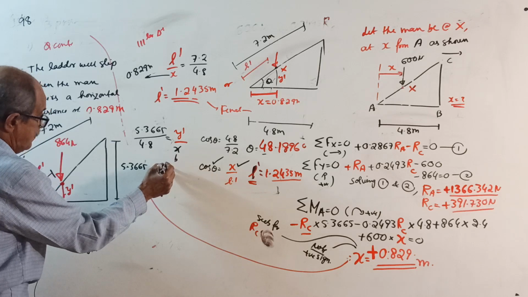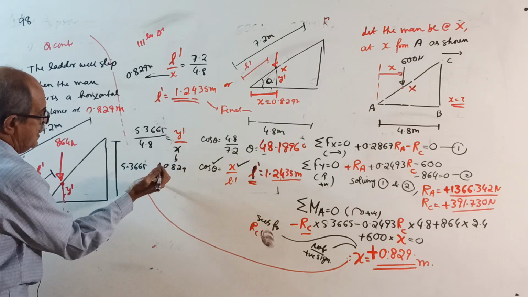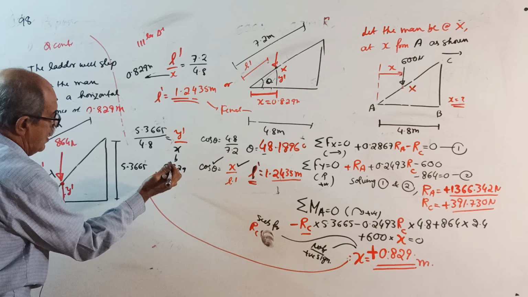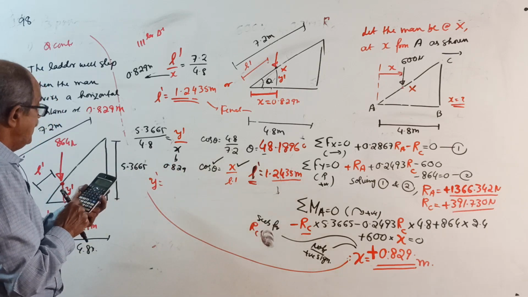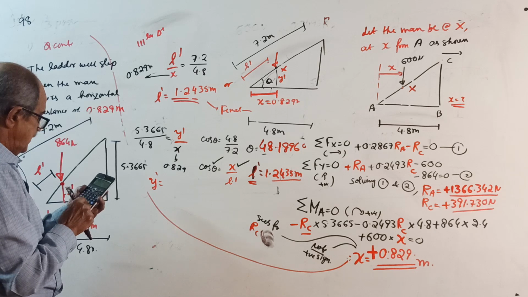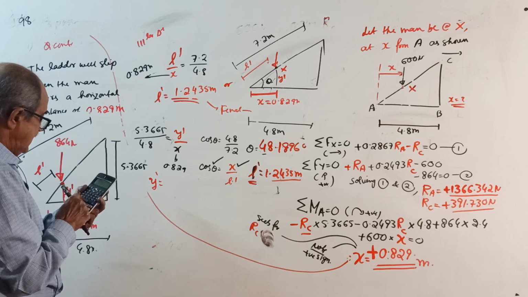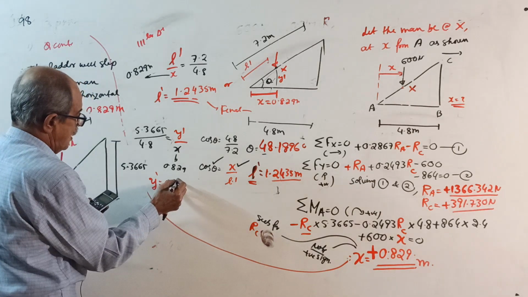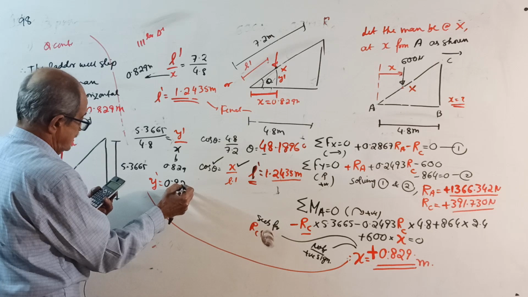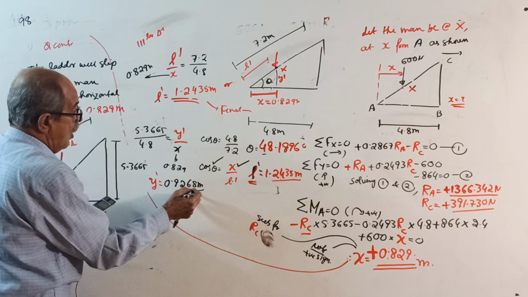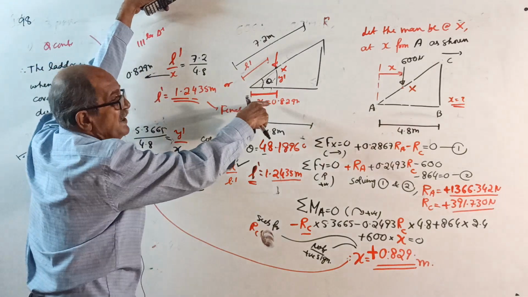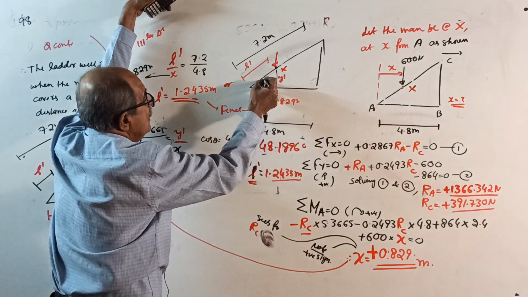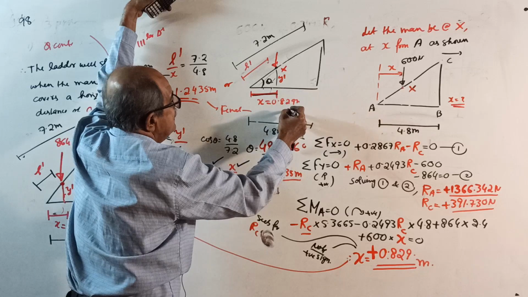X is 0.829. You will get the value of y dash, the height from which you will fall down: 5.3665 divided by 4.8 into 0.829, that is 0.9268 meter.